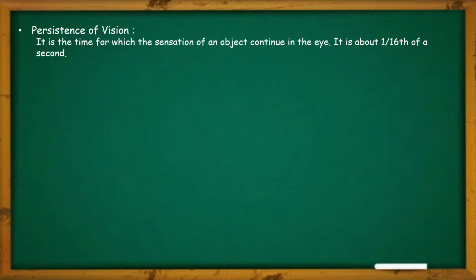Rather, you see an image where the bird appears to be captured inside the cage, and this happens due to this persistence of vision. It means even if the object is removed in front of your eye, the image of that object still continues to persist in your retina for 1 by 16th of a second.